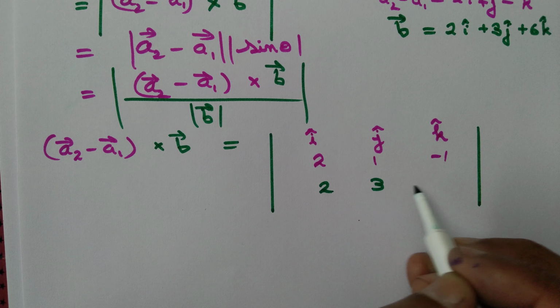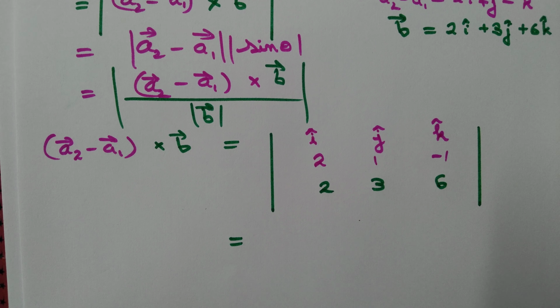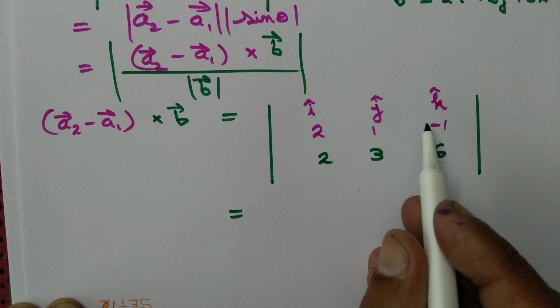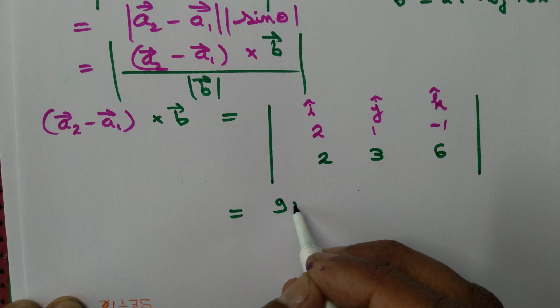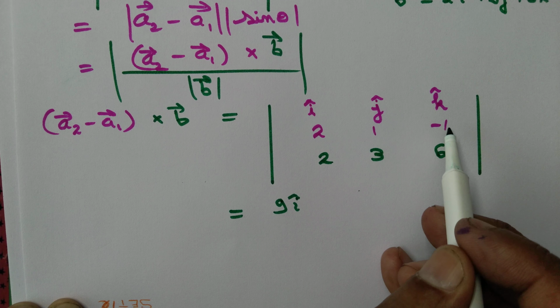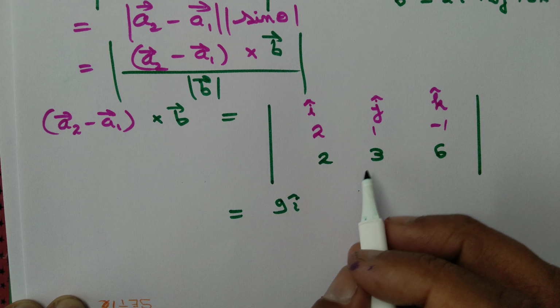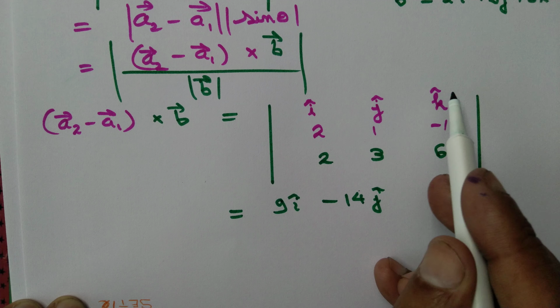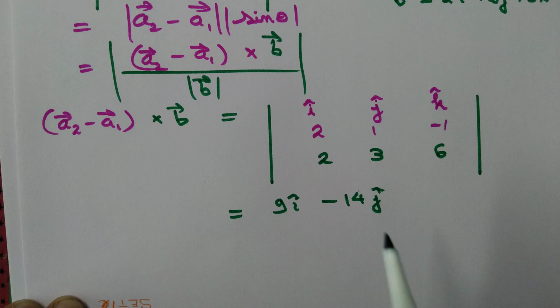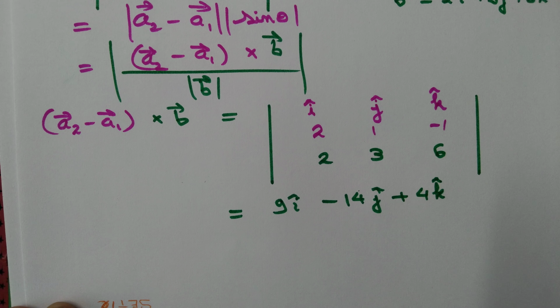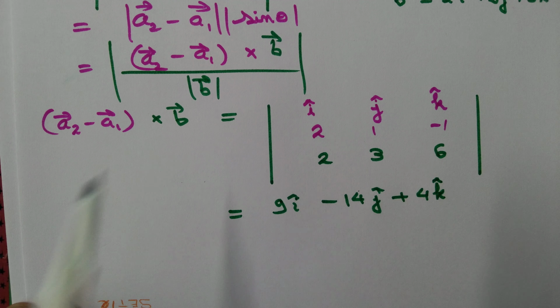Now the i component is given by 6 plus 3, that is 9, so we get 9i. The j component is given by 12 plus 2, that is 14, but with the negative sign, so minus 14j. The k component is given by 6 minus 2, that is 4k. Okay, we got A2 minus A1 cross B.